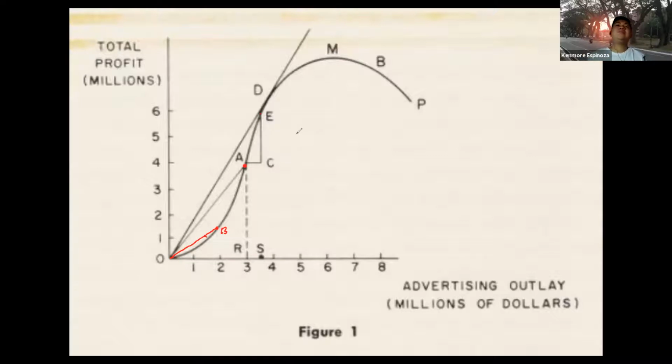Medyo hindi siya ganun ka-applicable kasi this is based on theory lang, na the slope of your curve is just your marginal. Well, you can verify it by using calculus.